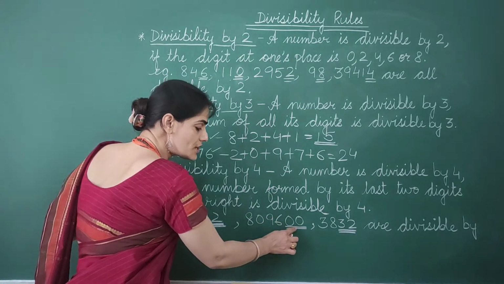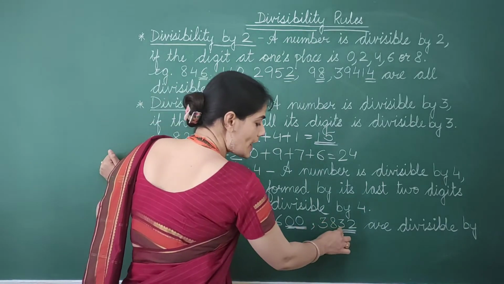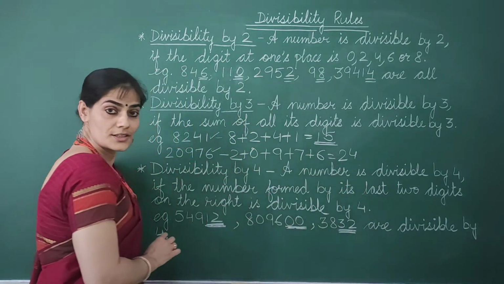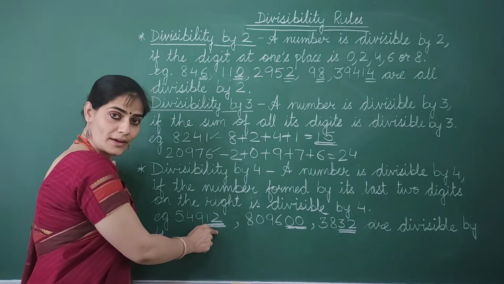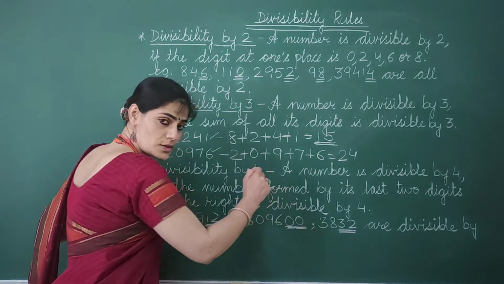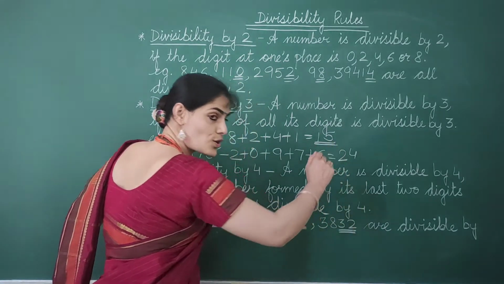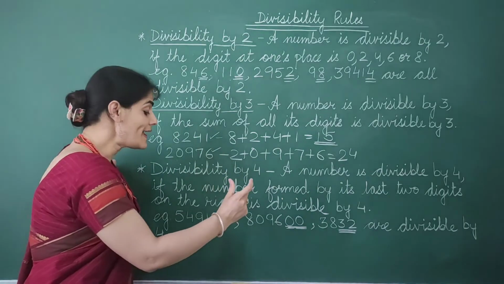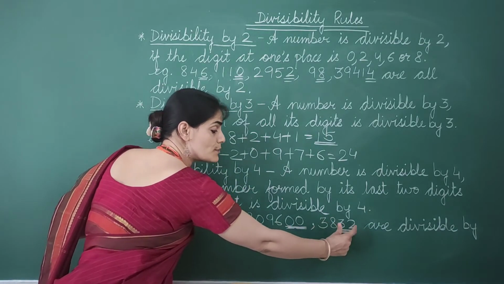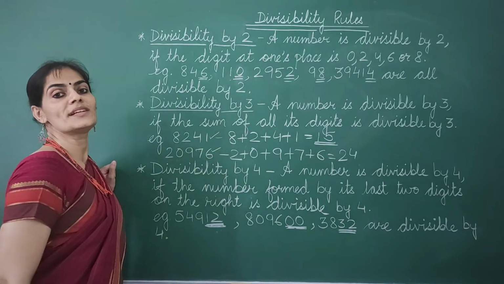The last two digits here are 0, 0 and here the last two digits are 32. So what do we observe? 12 is divisible by 4. 0, 0 is also divisible by 4. Similarly 32 is also divisible by 4.